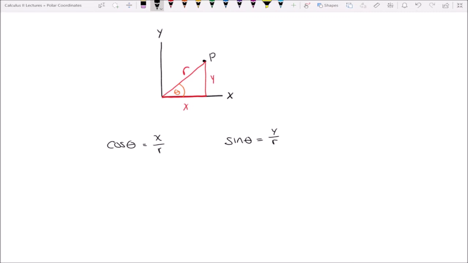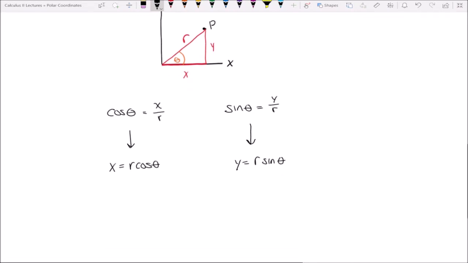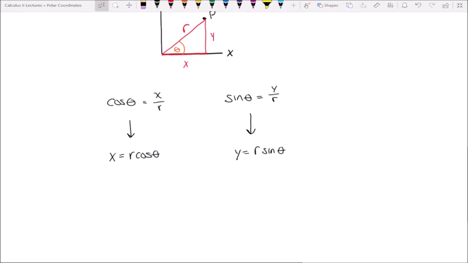Solving for x and y, respectively, we get x is r times cosine of theta, y is r times sine of theta. Now, since r is the hypotenuse, we can use the Pythagorean theorem to write r squared is x squared plus y squared.